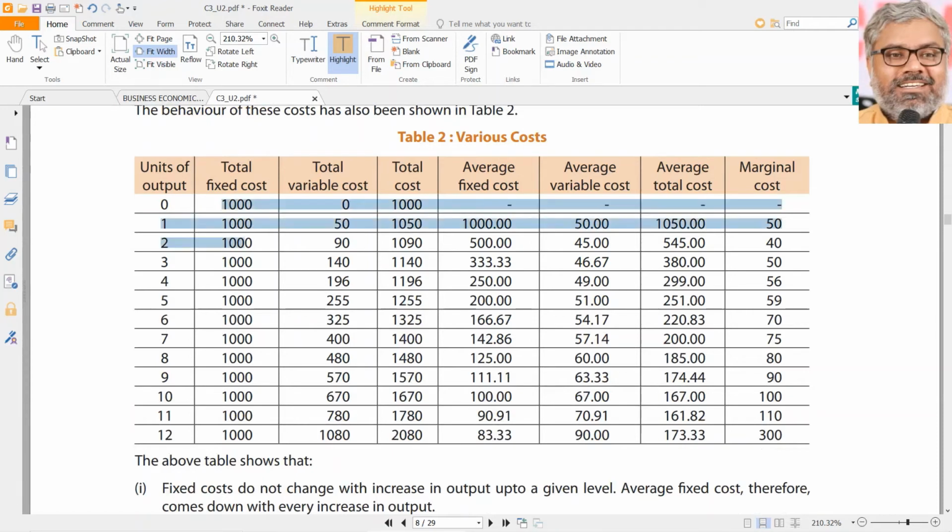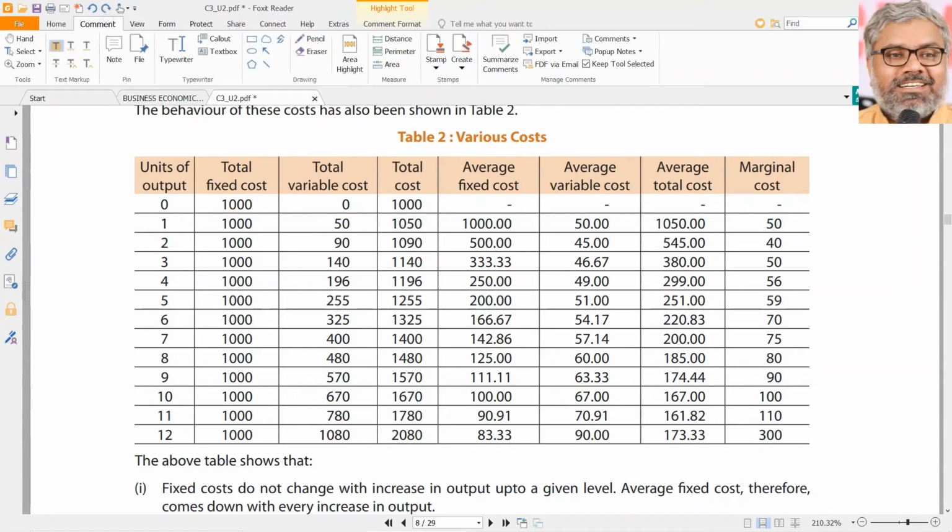First of all, the total fixed cost is the same in all the cases, irrespective of the number of units of output. The total fixed cost has not changed. That is always the same, 1000 rupees. But average fixed cost, what happens? It is nothing but total fixed cost divided by number of units of output. 1000 by 0, you cannot have anything like that.